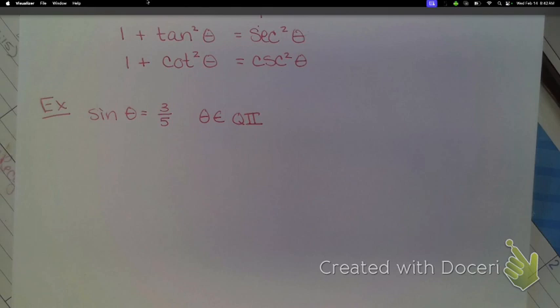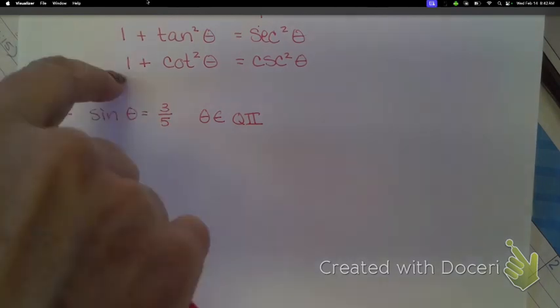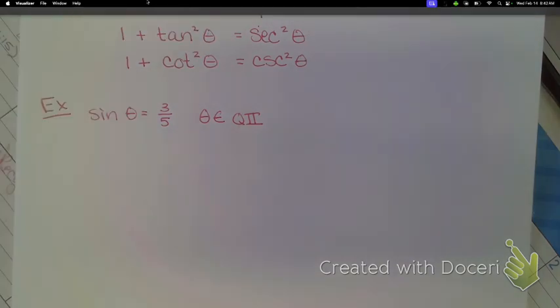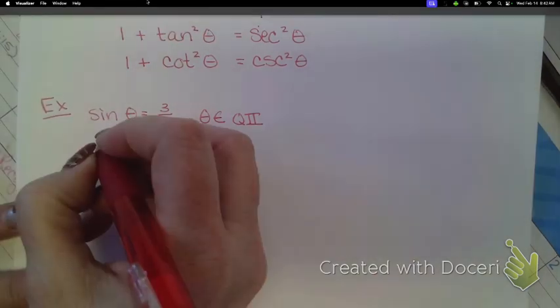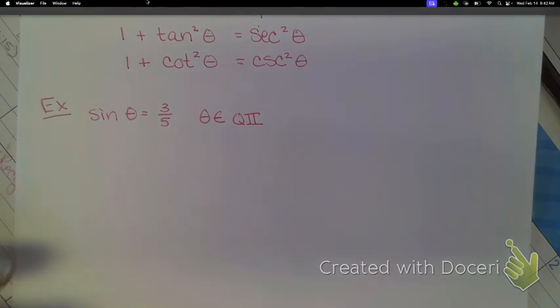And then it's going to say find cosine and tangent using identities. You are not allowed to make a triangle and use the Pythagorean theorem today. If you want to use a Pythagorean, it needs to be an identity. Got me? Okay. So I'm just going to change it so we can maybe just do one example.